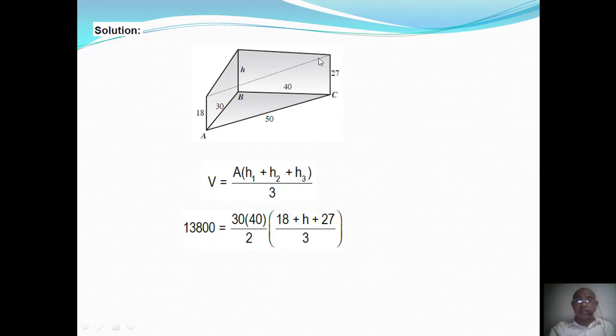Then area of the base, triangle, 1/2 times 30 times 40, then height (18 plus h plus 27) over 3. From this, we can solve for the height, and that is equal to 24 centimeters. Okay, so that is the truncated prism.